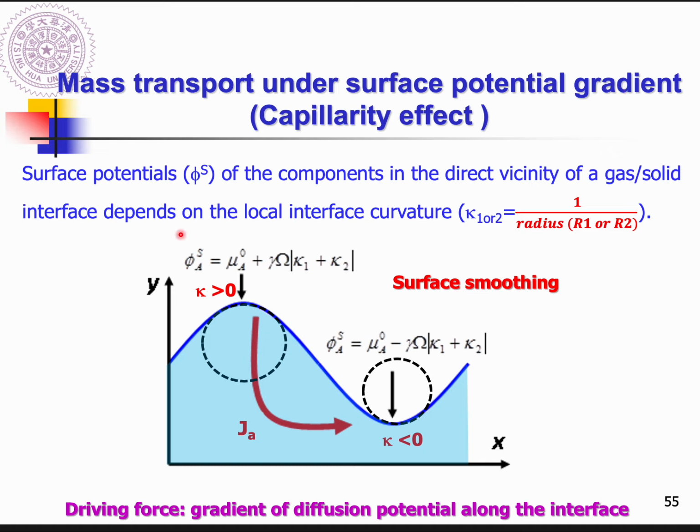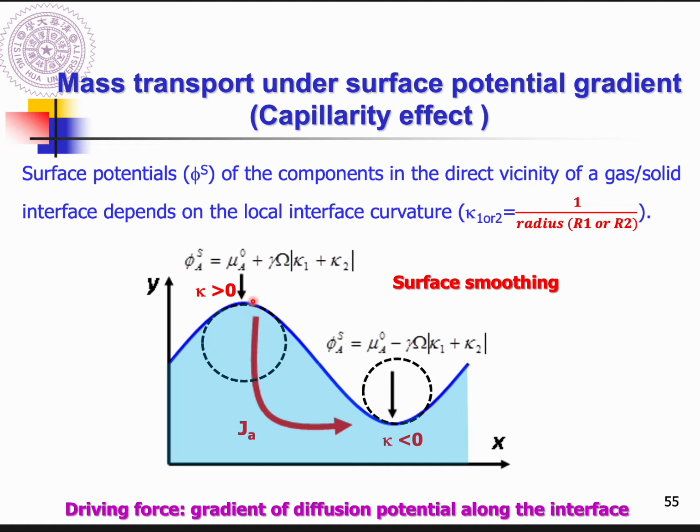In most cases, instead of a flat surface, we have curved materials, which can be like this. And as you know, the atoms on this surface between the gas and the solid phase have different surface potential.